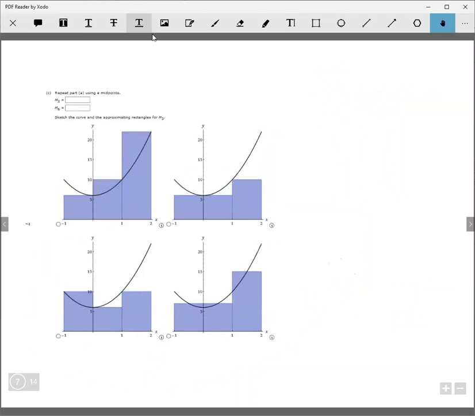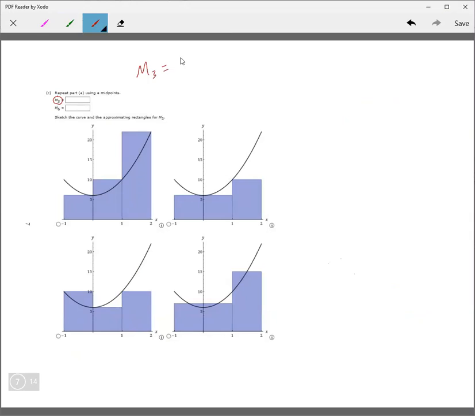Now the next one is this one right here. M3 means 3 rectangles and use the midpoint. Okay, so you're looking at the center point here. That's not using the midpoint.